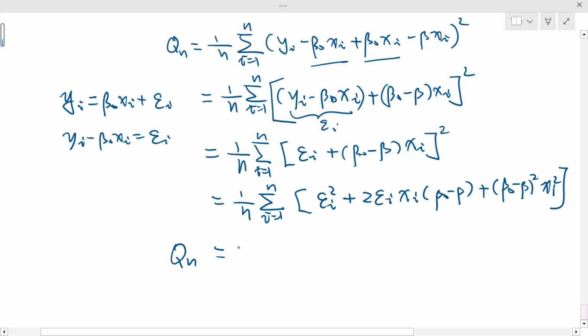By the way, I'm using a subscript n under the Q to denote that this sum of squared errors really depends on the sample.